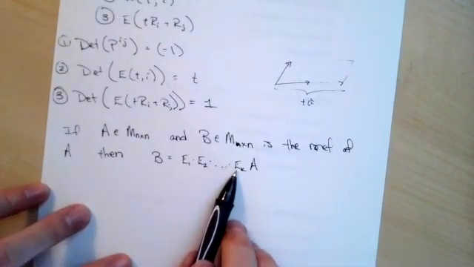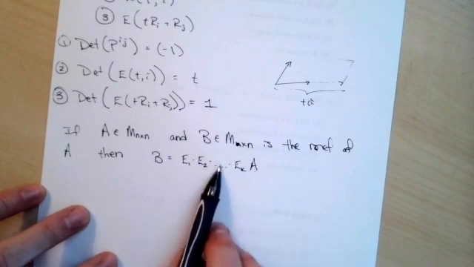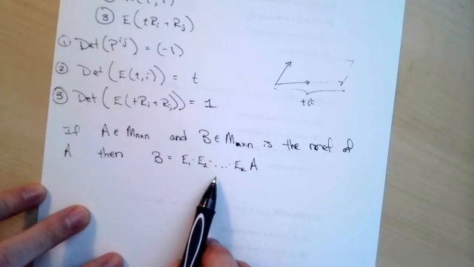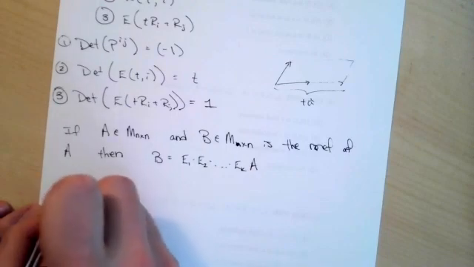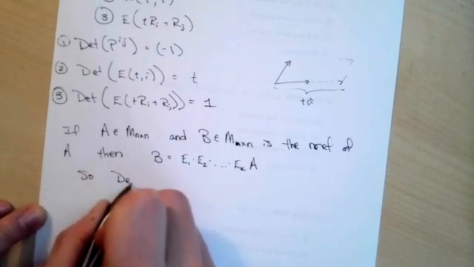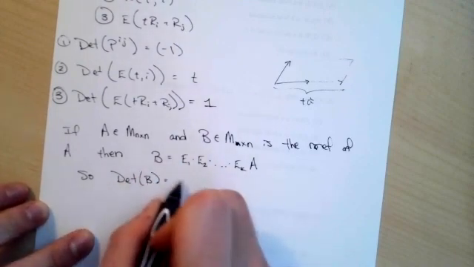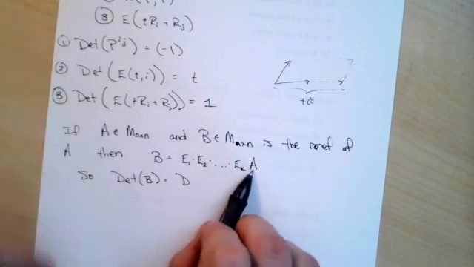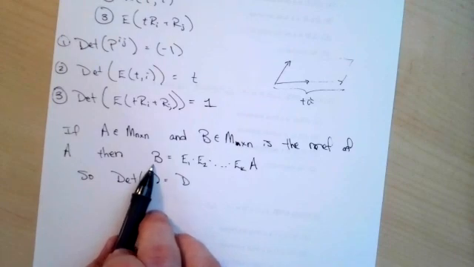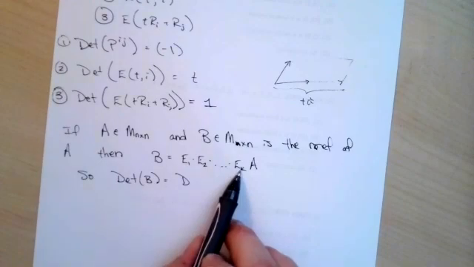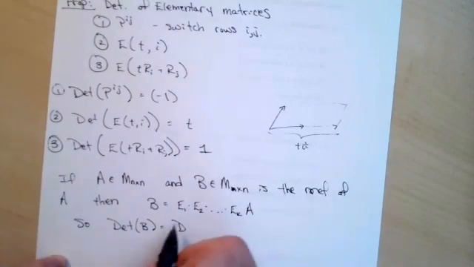So think of, first I take a scalar multiple of row 1, add it to row 3. Then we take a scalar multiple of row 1 and add it to row 2. In other words, if we keep track of our scalar operations, we can compute the determinant of a matrix by computing the determinant of the reduced row echelon form and then modifying it by the determinants of the elementary row operations that we perform.